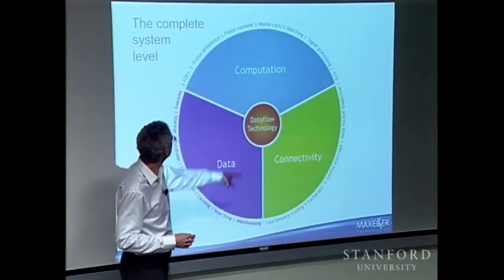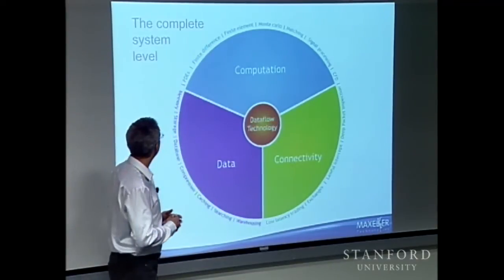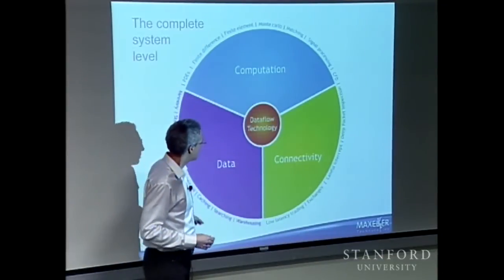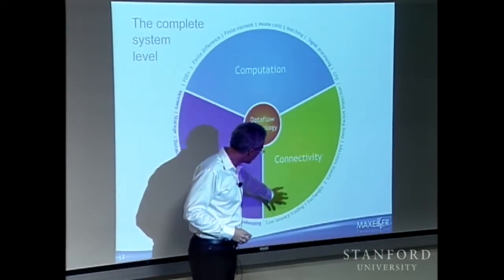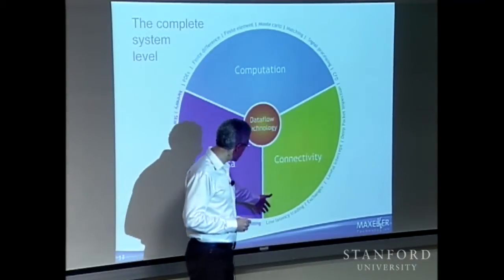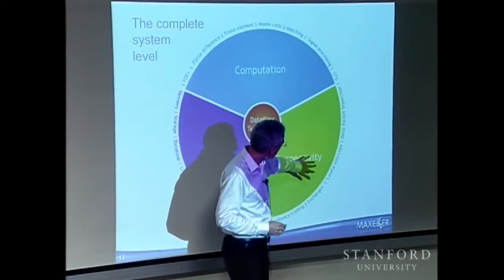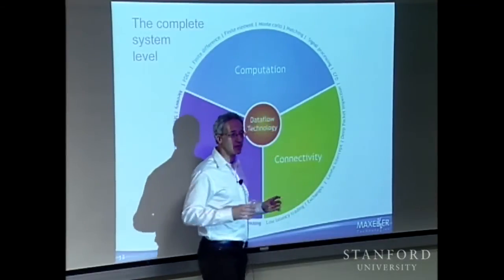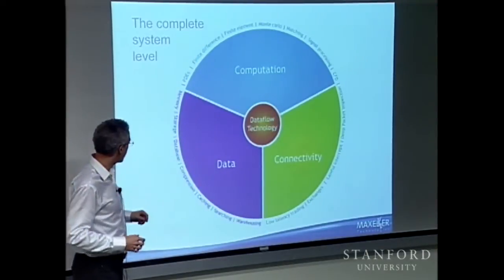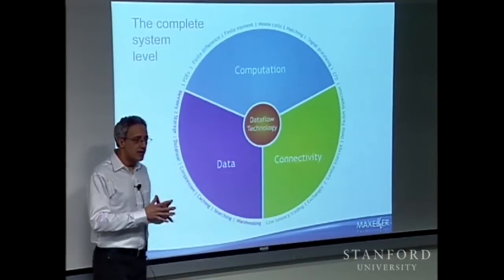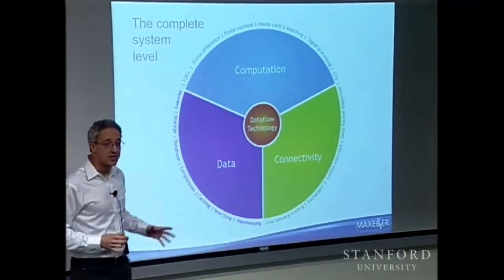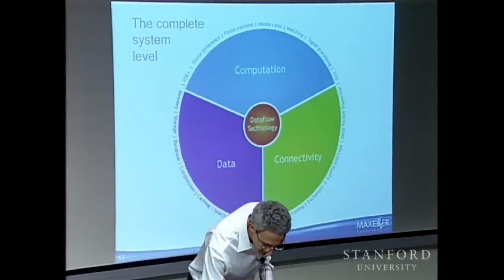And so there are some examples around here of what we've done or what could be done from PDEs and algorithms on the computation side to connectivity, where in finance we are doing low latency trading, working with exchanges, and just basically moving data packets around in the network, over to data where there's a lot of potential on the database side, dealing with expanding and compressing data, caching it, searching. All these types of activities are really interesting.